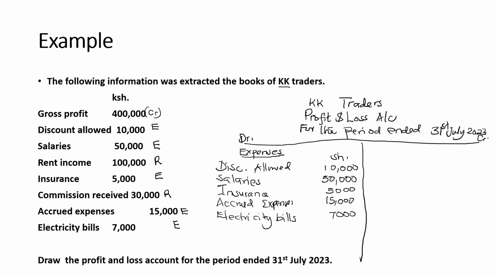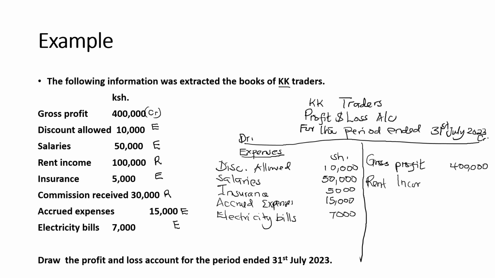There being no other expense, we move to the income on the other side. And before we bring in the incomes, the gross profit comes first. The gross profit, how much is the gross profit? 400,000. Another income we have there, rent income. It can be rent income or rent received.